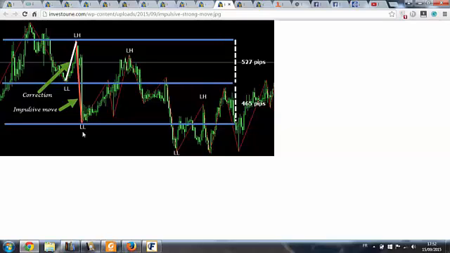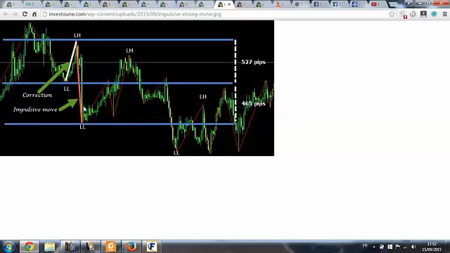This is the impulsive move, it's 922 pips, and the correction is 527 pips.